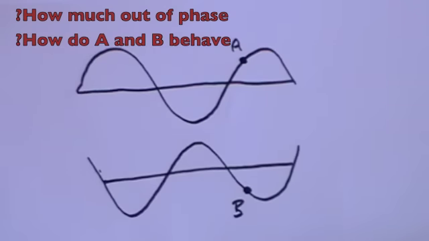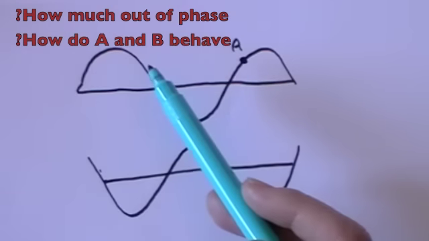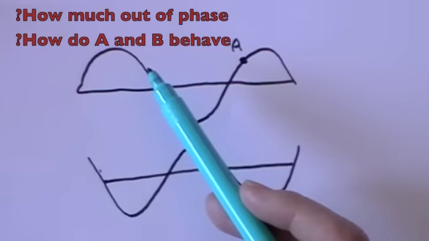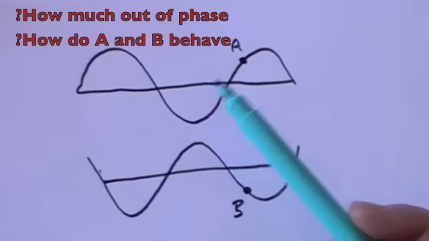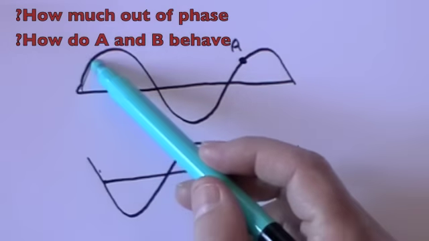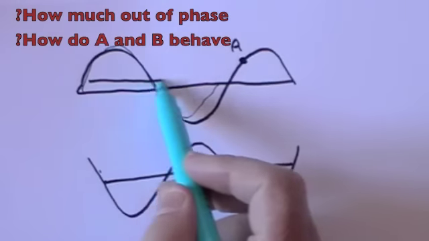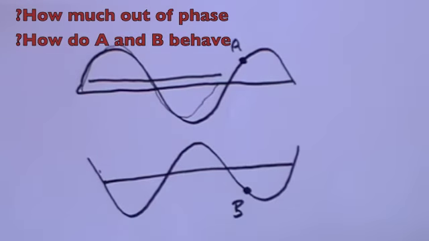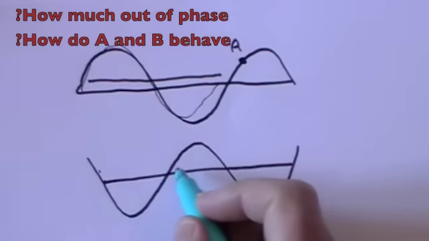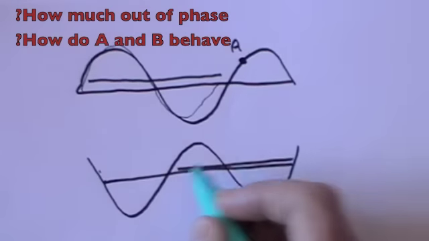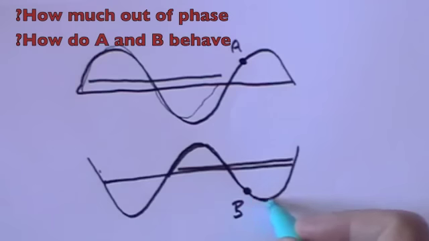Well, what we can obviously see is that one wave, this wave, is exactly 180 degrees out of phase with this one. So let me explain why. This is one complete wavelength. This length here is one complete wavelength. And this is one complete wavelength from here to here.